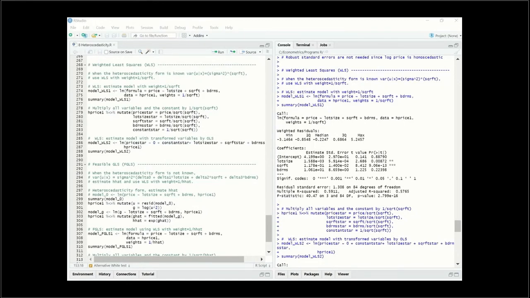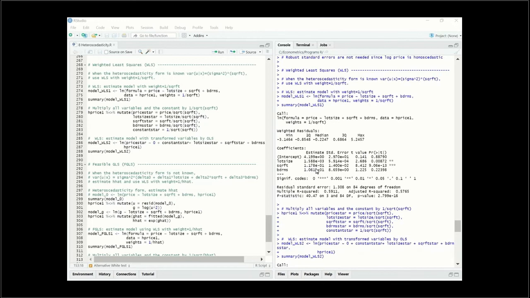Now, when we were doing the heteroscedasticity robust standard errors in the procedure before, one thing that we noticed is that the coefficients were the same, only the standard errors changed. But here we actually see that the coefficients are also a little bit different from the coefficients on the original model, and the standard errors are a little bit different in this case. The reason for that is that weighted least squares uses these weights that also affect the coefficients.